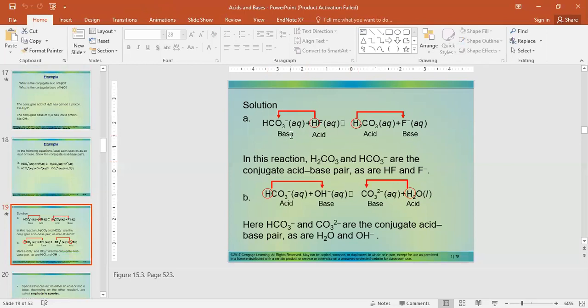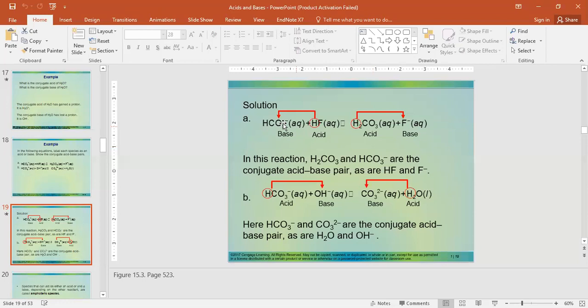So you can see we are saying that this hydrogen carbonate is a base, and this hydrofluoric acid is an acid. This weak carbonic acid is an acid, and this fluoride ion is a base.